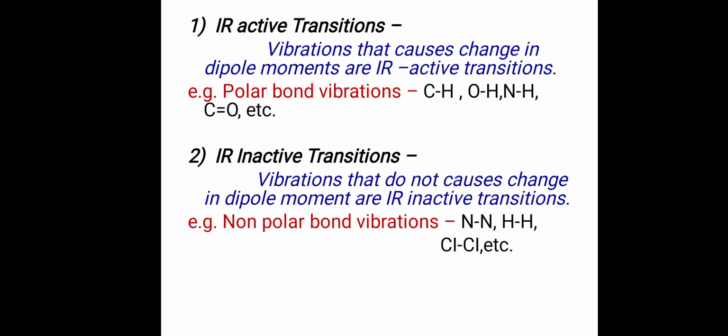For example, polar bond vibrations. In the last lecture we studied polar bond vibrations like CH, OH, NH, CO, etc. These are polar bond molecules, with different atoms and different charges, and they are IR active transitions because they cause a change in dipole moment.